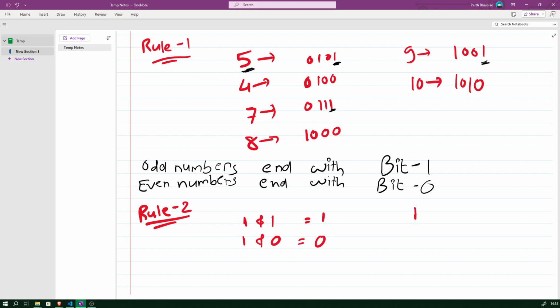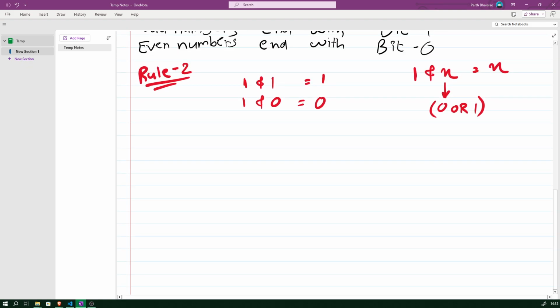So if I do 1 AND x, the answer is basically x, where x could be anything, 0 or 1. So 1 AND any bit, whether it is 0 or 1, the answer is the bit itself.